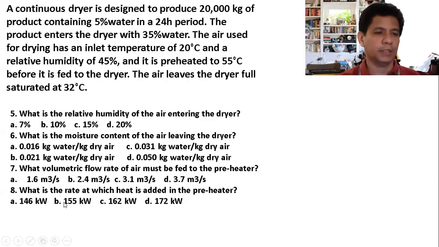Okay, so let's go to letter B. So the final answer is letter B. Here, it's letter D for 3.7, then letter B. So I hope you get the basic equation. When heat is what you're looking for, Q equals M C sub S delta T. Then you also saw the use of humid volume. This is used to convert from mass flow rate to volumetric flow rate.